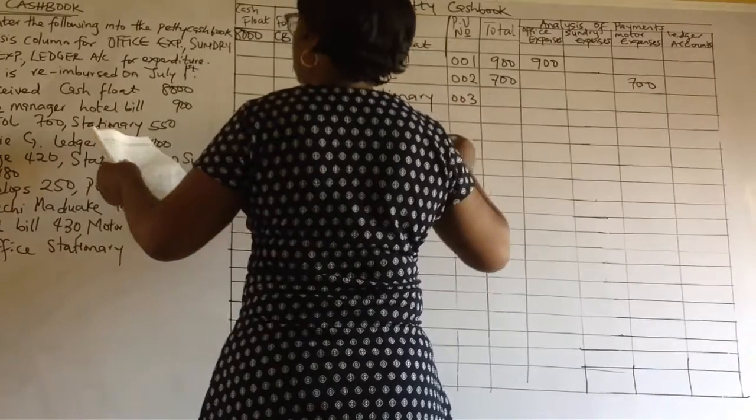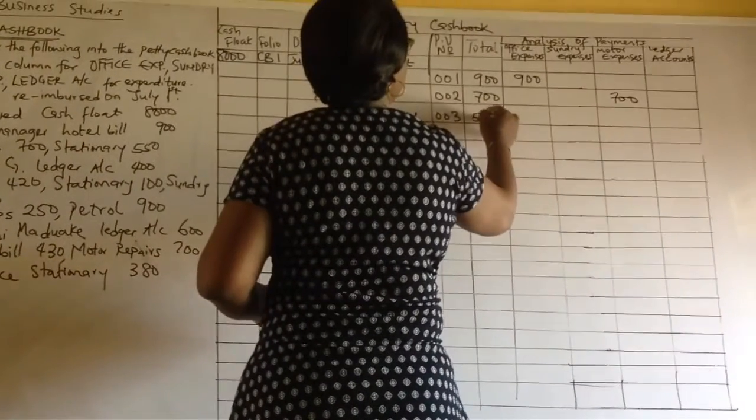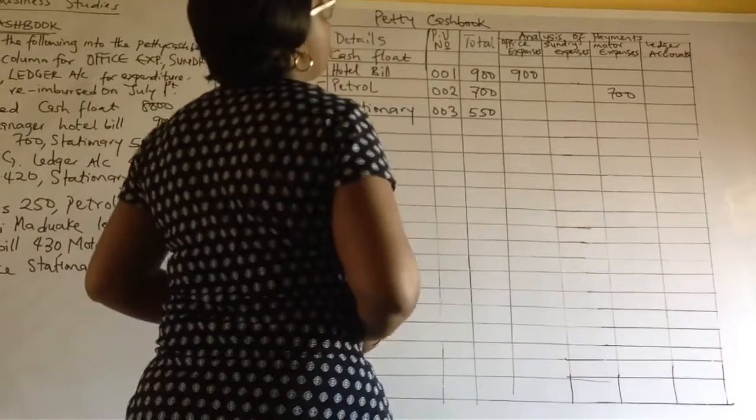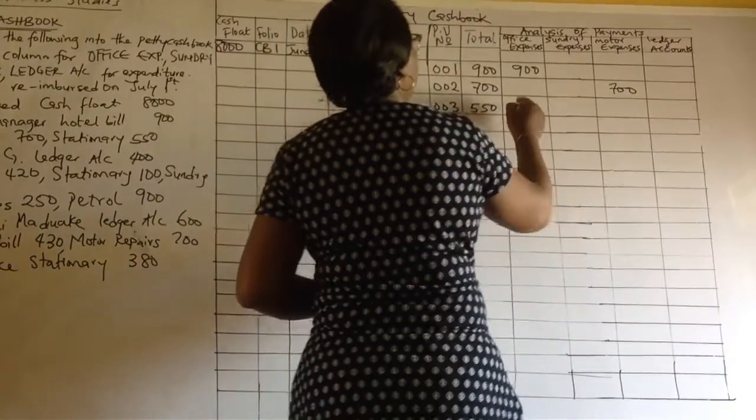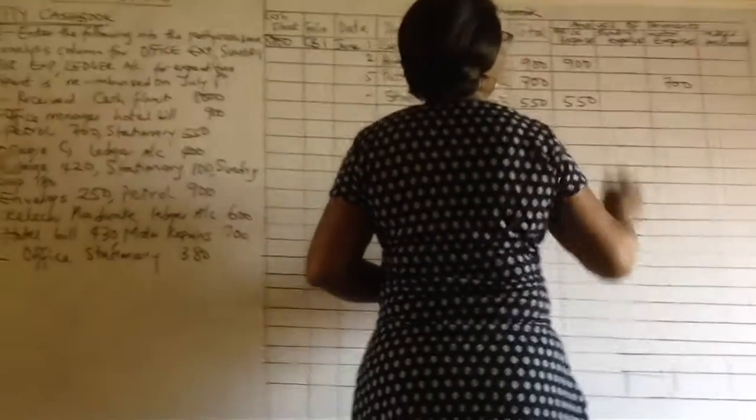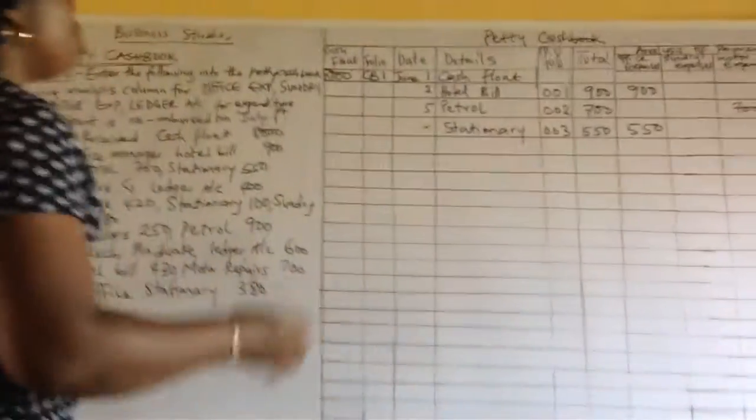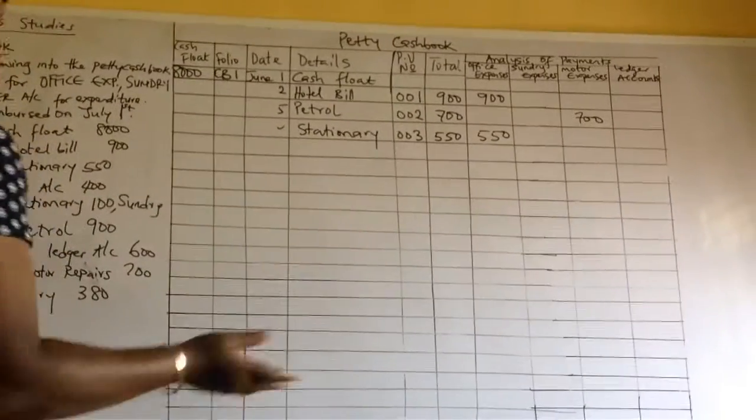PV 003. The amount is 550 naira. Stationery comes under office expenses. When you talk of stationery, we are talking about biros, pencils, erasers, office things that were used in the office.